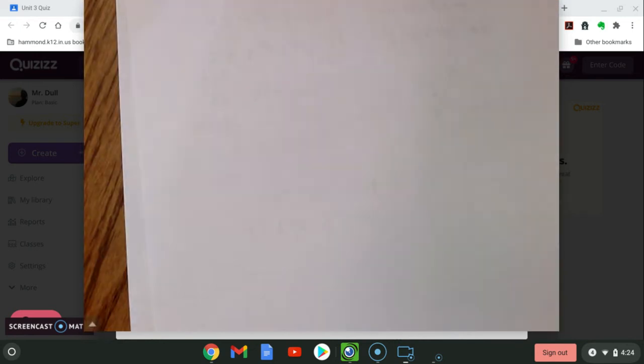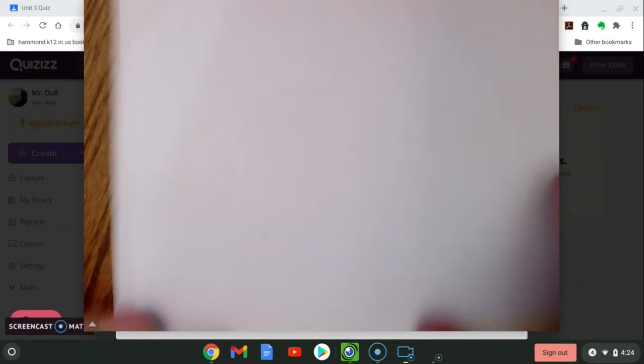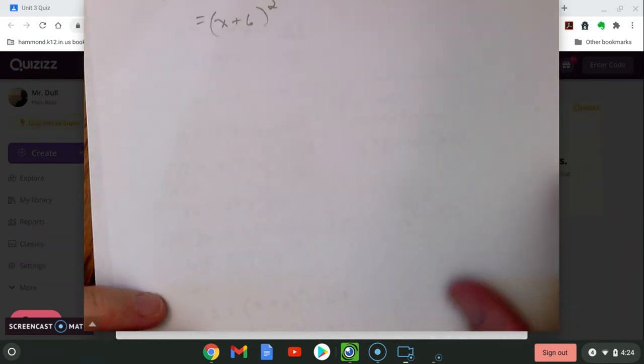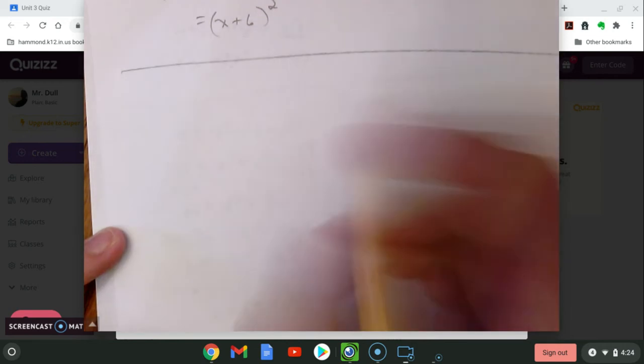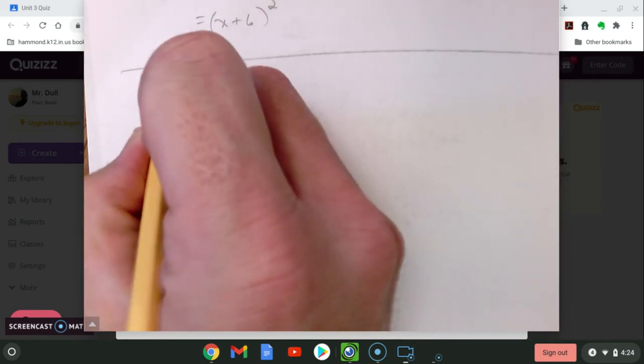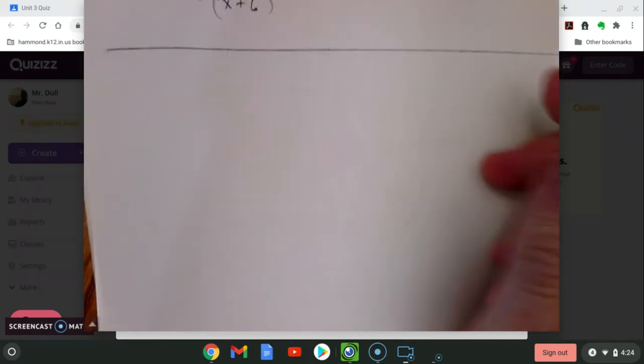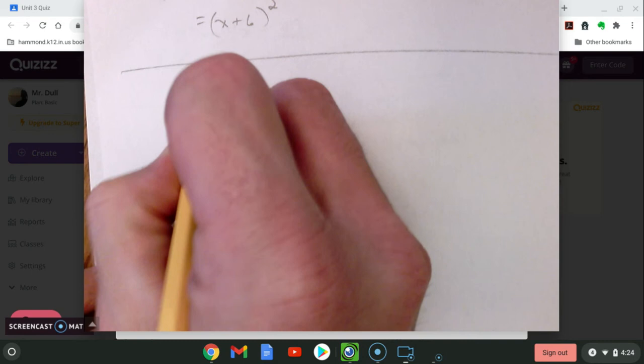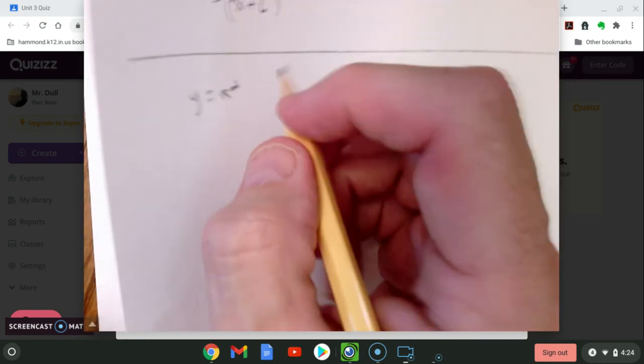All right, so I did want to take a look at one more example, and this came from the CK12 exercises that we were doing. We were taking a quadratic and rewriting it in vertex form.